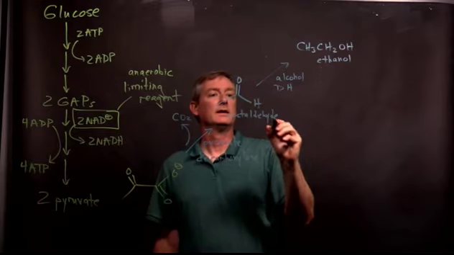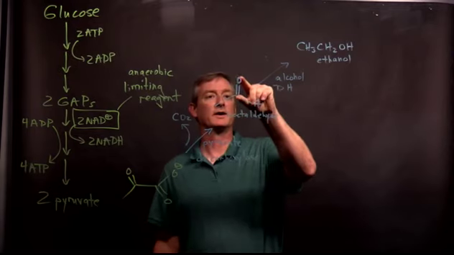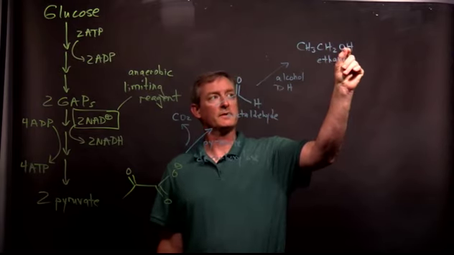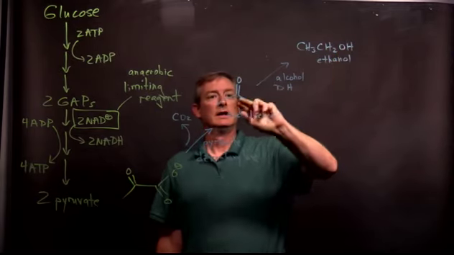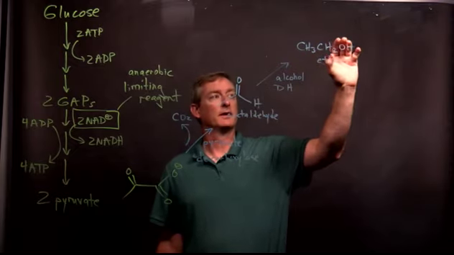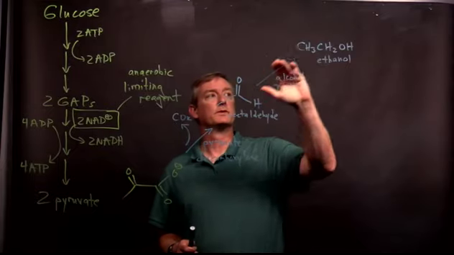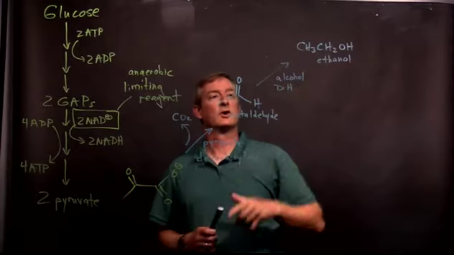Okay. Now if you look at acetaldehyde versus ethanol, we've got an aldehyde with its carbonyl group versus an alcohol. This is a reduction reaction, right? The acetaldehyde, an aldehyde, is more oxidized than an alcohol. So we have reduced this carbon chain.